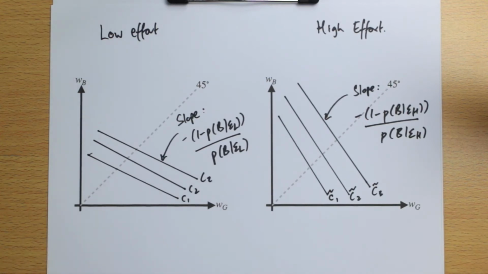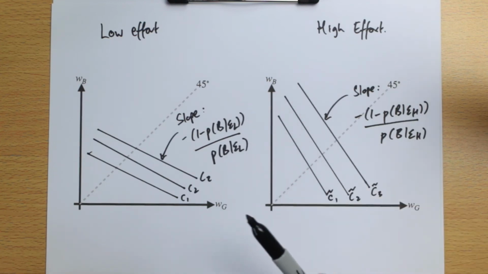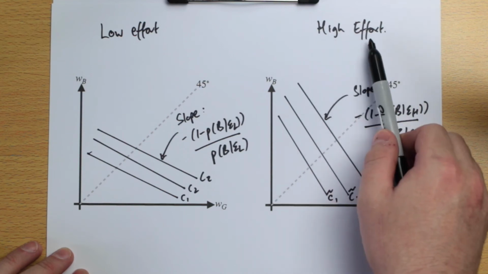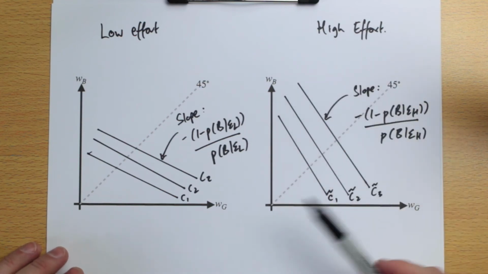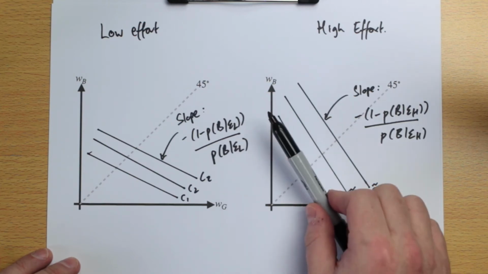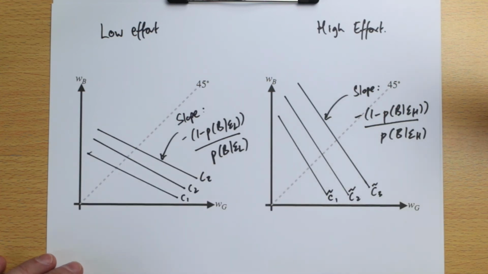Now, if you remember when we studied the Rothschild-Stiglitz model, we had a high-risk type and a low-risk type. And the low risk had steep isocosts, and the high risk had flat isocosts. So we need to remember this is the other way round now. It's not high risk, which is bad. High effort is presumably a good thing. So the desirable behavior gives you steep isocosts, and the undesirable behavior gives you flat isocosts.